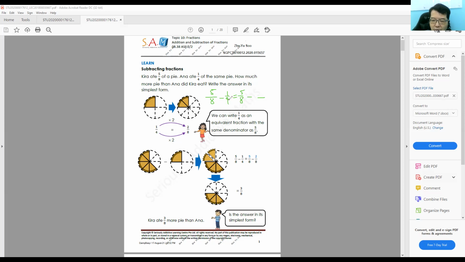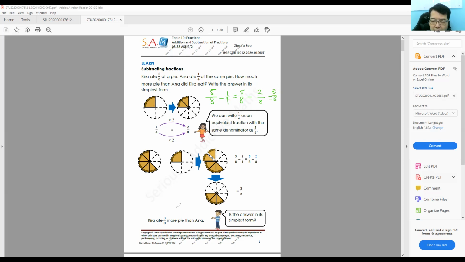What number multiplied by 4 will give you 8? It's 2. So 2 times 4 equals 8. So you multiply the denominator by 2, you have to multiply the numerator by 2 as well. So 1 times 2 equals 2. So the answer is 5 out of 8 minus 2 out of 8 equals 3 out of 8.